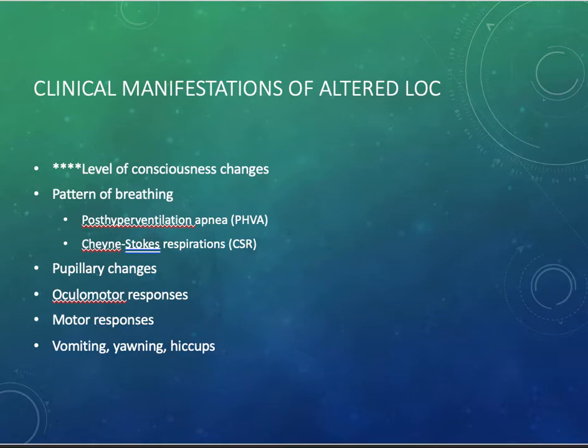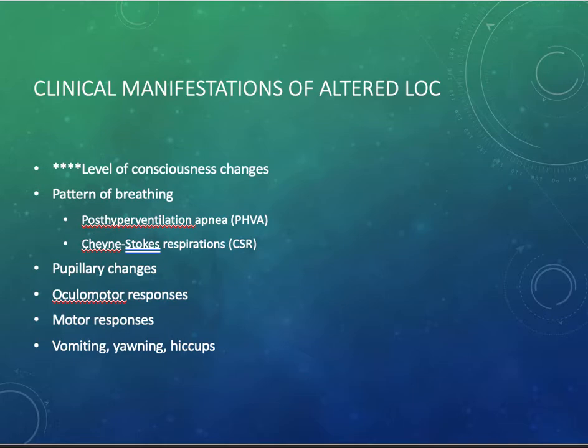Okay. Now, you can also have changes in LOC due to metabolic disturbances, okay? So metabolic disturbances are things like hypoxia, electrolyte imbalances, so like your sodium's out of whack. Hypoglycemia can cause altered LOC. Those are all metabolic, okay? And then we also have psychogenic changes.